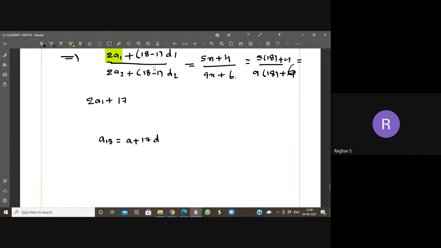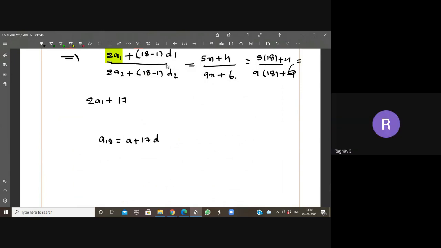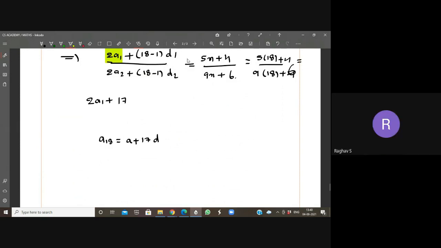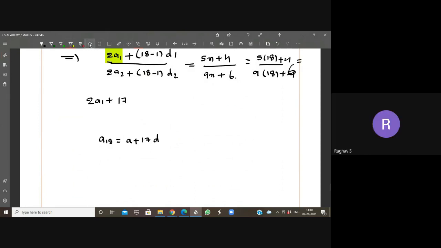We found that the ratio is 2a1 plus (n minus 1) into d. Now they are asking in the question the ratio of the 18th term, so we will multiply the ratio by 2.